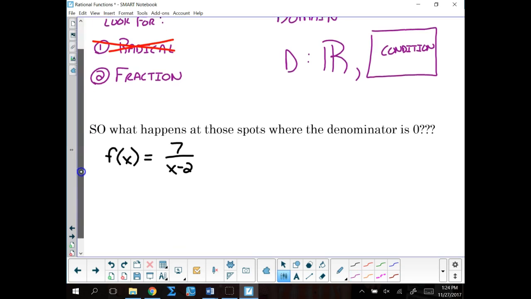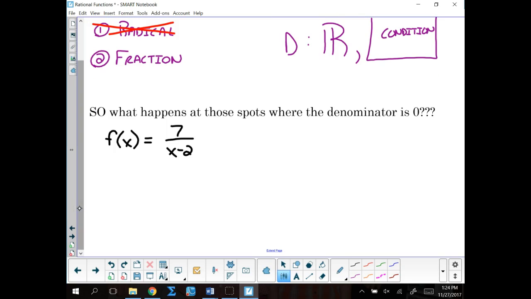So, what I'm looking at is where the denominator, x minus 2, I want to know where that is equal to 0. What do you got? X equals 2 is where that happens, right?